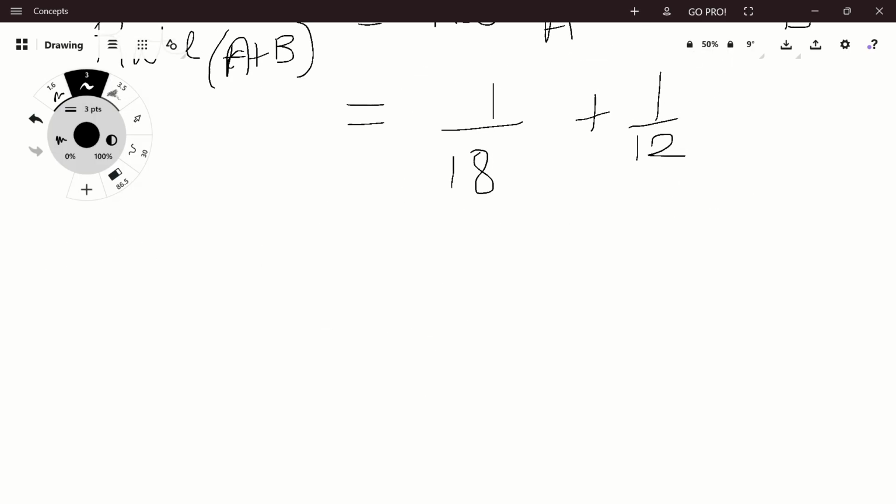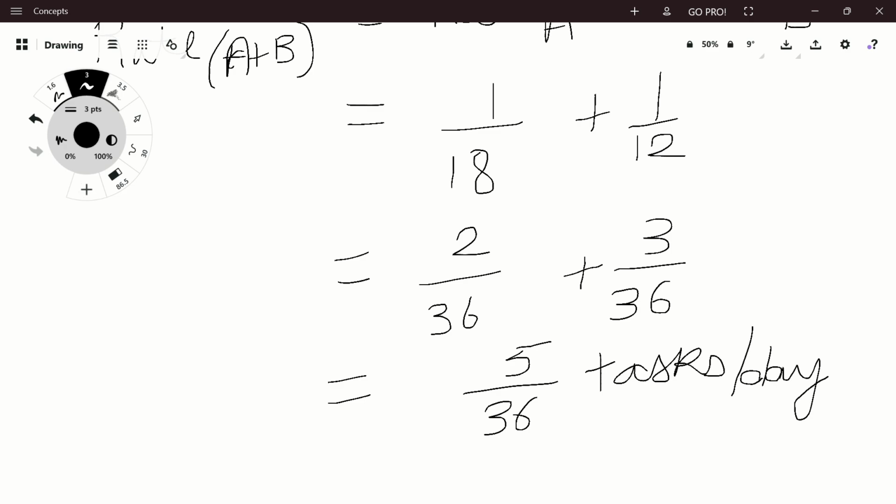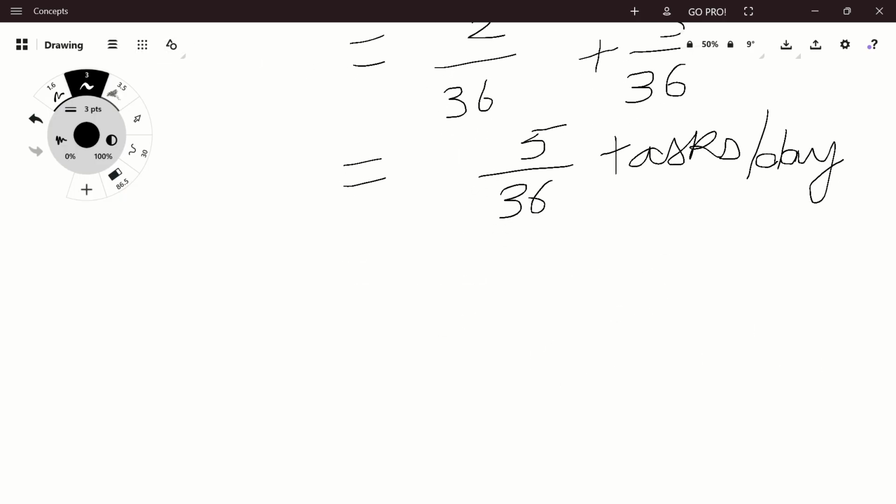The common denominator is 36, which will be 2 upon 36 plus 3 upon 36, which will be equal to 5 upon 36 tasks per day. Now, the time taken together is the reciprocal of the combined work.